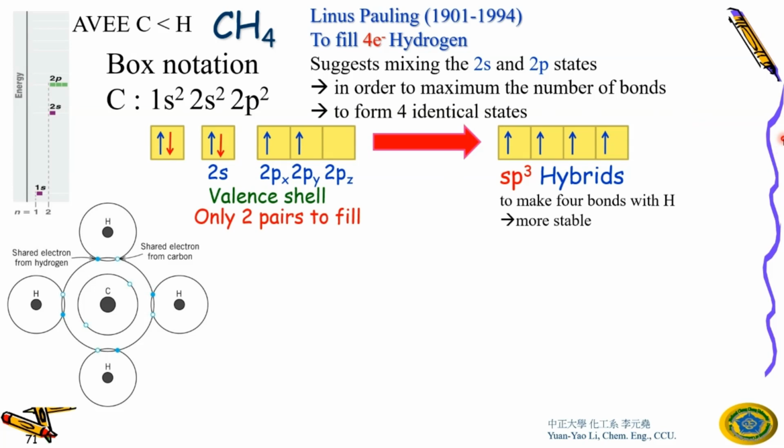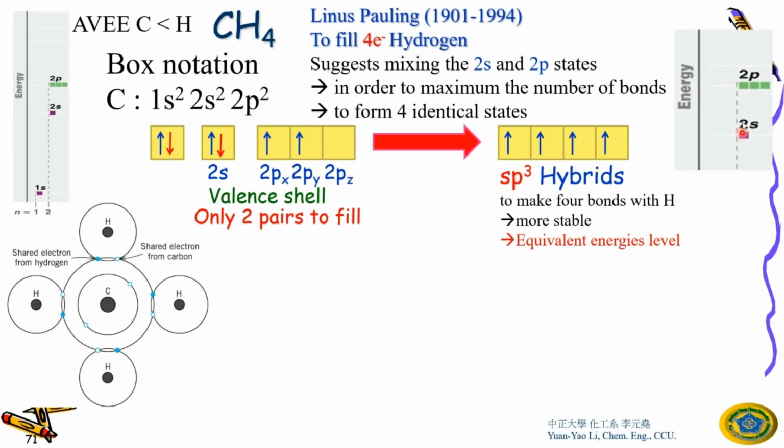To make 4 bonds with the hydrogen, it becomes more stable. It makes sense, right? So equivalent energy level means that this energy level and this energy level are different, right? This is lower, this is higher, but you have to make them equal.